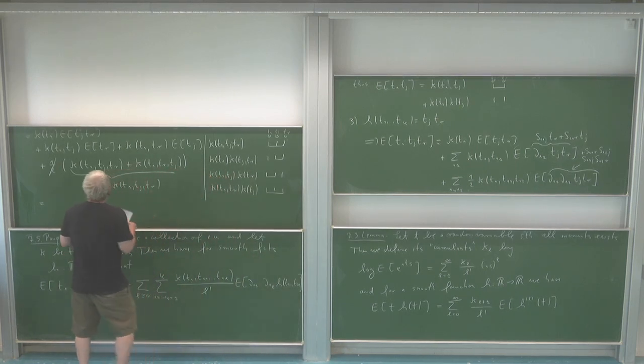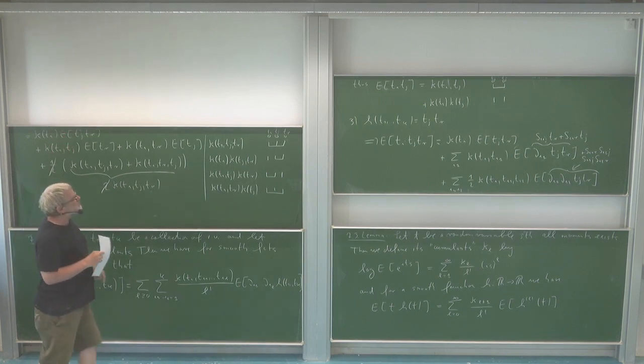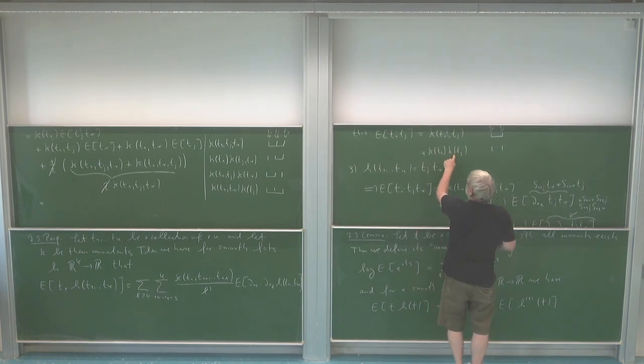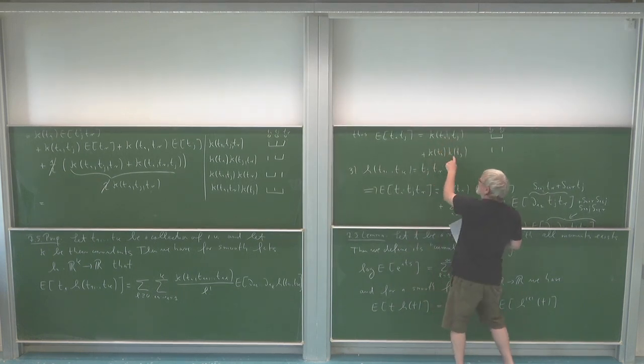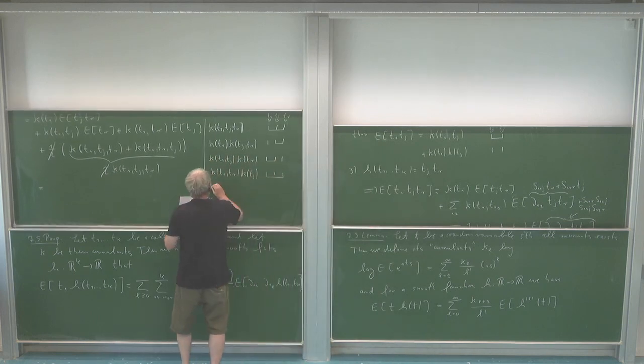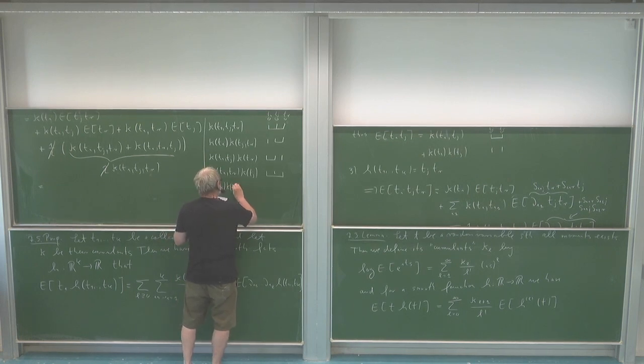Then I also have the term which comes from plugging in for this expectation this term here. I already used one part of it, but I still have this one. If I plug this in, I get just the product of 3 kappas: kappa of ti times kappa of tj times kappa of tr.